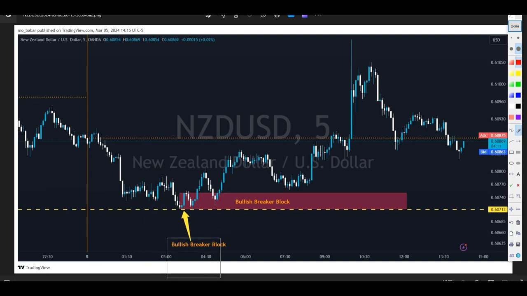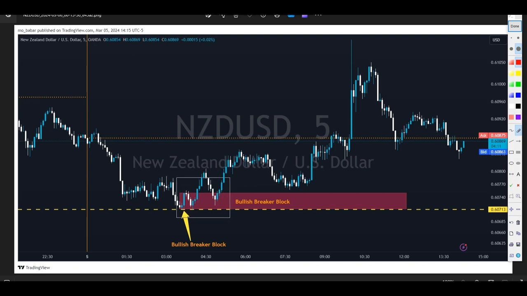After sweeping out the liquidity, this should happen. And when the candle is closing above this, and there is a FVG, as you can see here, in front of these bullish up close candles, this means that this breaker block will perform obnoxiously good.